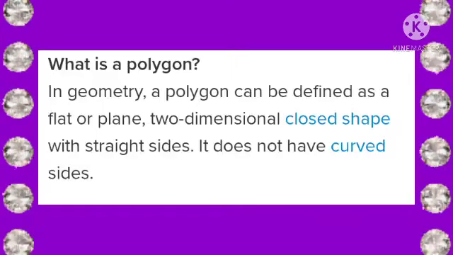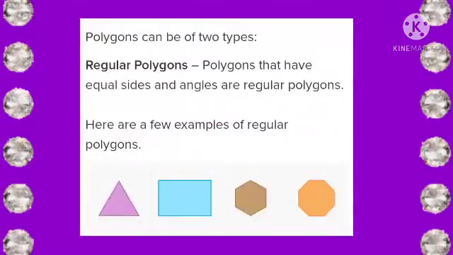What is a polygon? In geometry, a polygon can be defined as a flat or plane two-dimensional closed shape with straight sides. It does not have curved sides. Polygons can be of 2 types: regular polygons and irregular polygons. Regular polygons are polygons that have equal sides and angles.